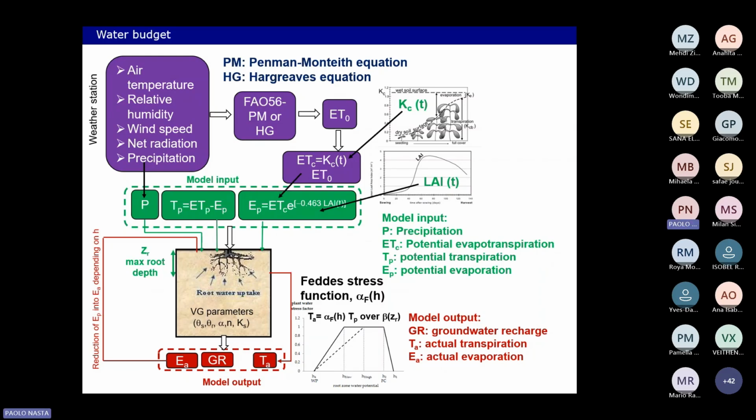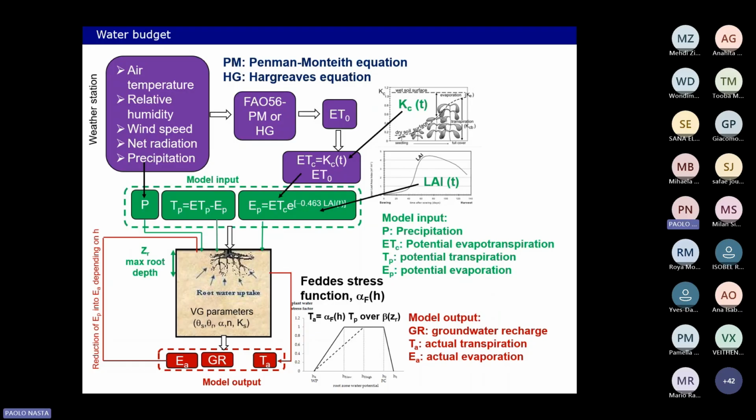And then we use the weather data to estimate or calculate directly the evapotranspiration. Now, if in your weather station you have all the sensors to monitor the air temperature, relative humidity, etc., you can apply the Penman-Monteith equation, which is physically based because it's based on the energy balance.